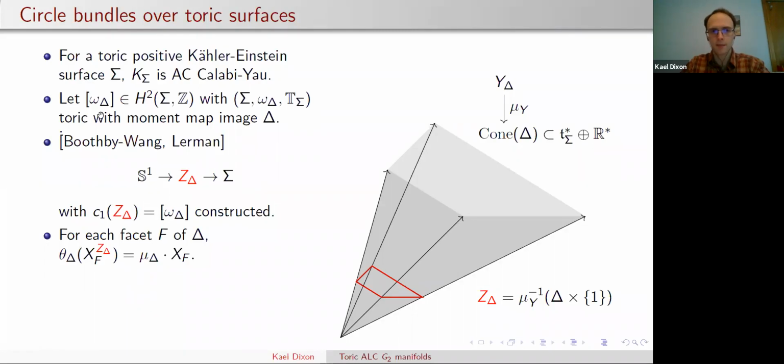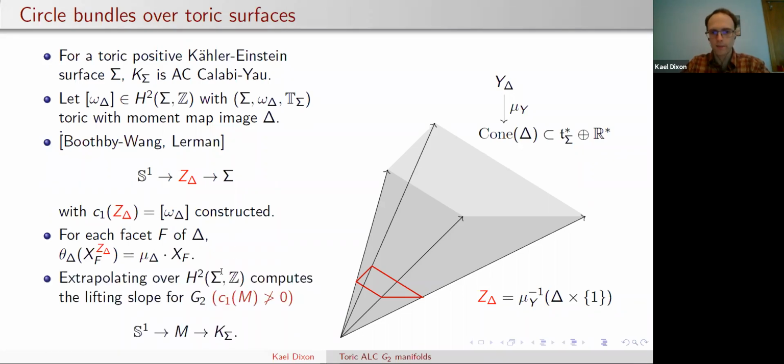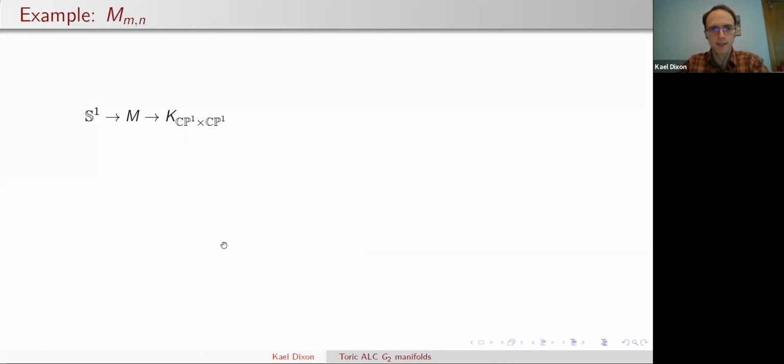You can't represent it by a symplectic form. But everything here is linear, so you can just do this computation for all possible symplectic forms, and then extend linearly, extrapolate in order to compute what we need, these lifting slope values for a G2 manifold. So we'll see that in an example, which I think is going to be my last slide.